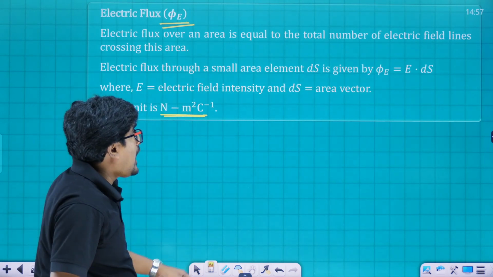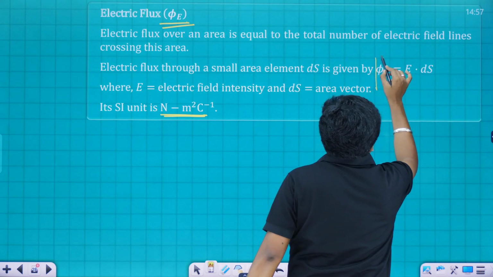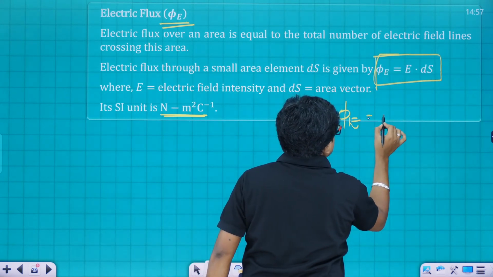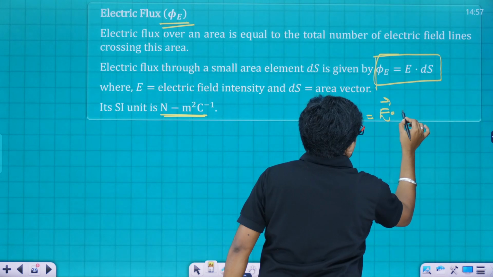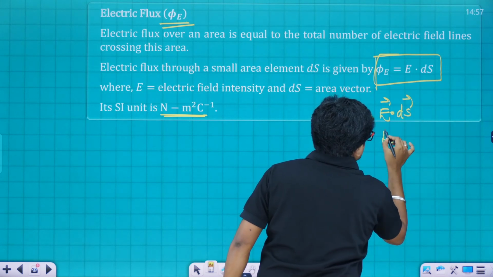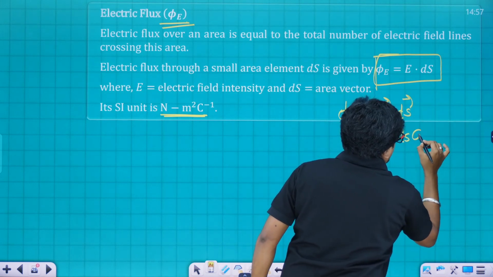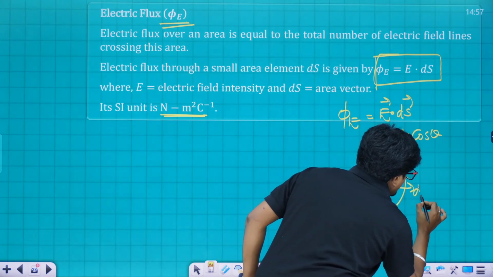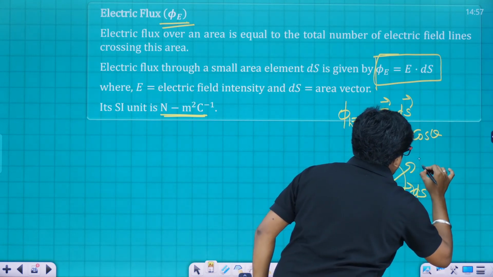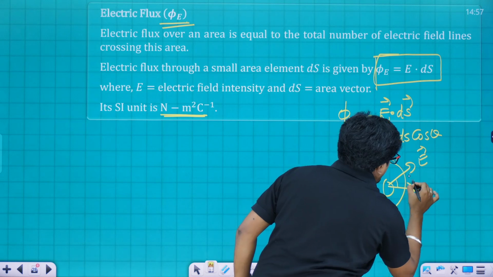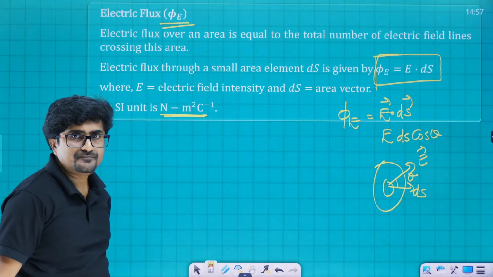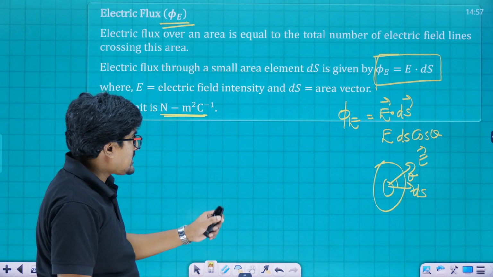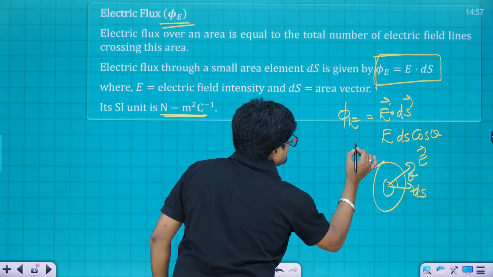The mathematical expression is phi suffix e equals E dot ds, or E into ds times cos theta, where ds is the area vector, E is the electric field, and this angle is theta. This is the general expression for electric flux.